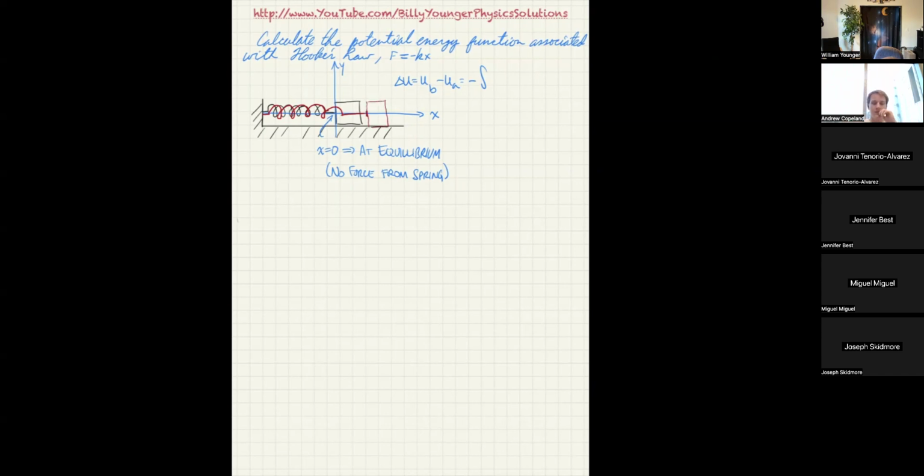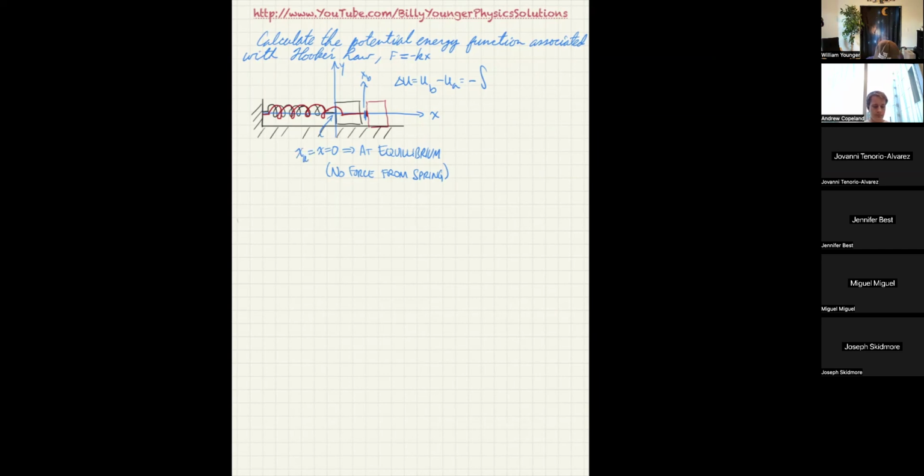And this position right here corresponds to, let's say, XB, and let's say x equals 0 corresponds to XA.